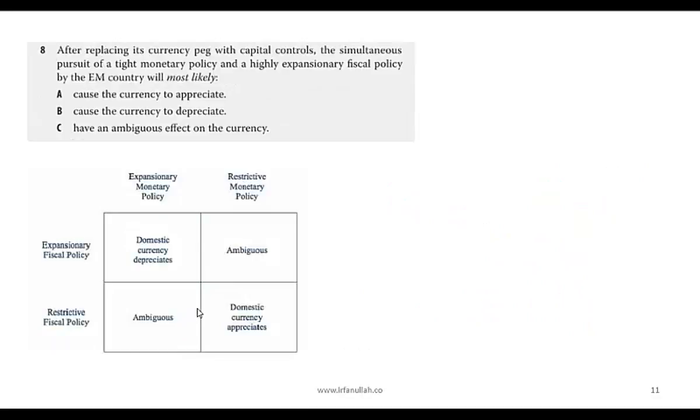All right, moving on. After replacing its currency peg with capital controls, the simultaneous pursuit of a tight monetary policy and a highly expansionary fiscal policy by the emerging market country will do what? Whenever you see this 2 by 2, this is the Mundell-Fleming model, but this is the Mundell-Fleming model where we do have capital controls.